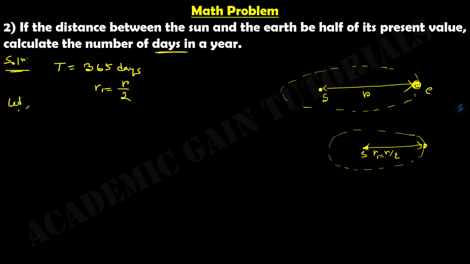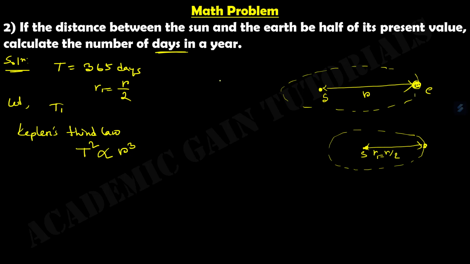Let our new time period be t1. We know the equation of Kepler's third law: the square of the time period is proportional to the cube of its mean distance.